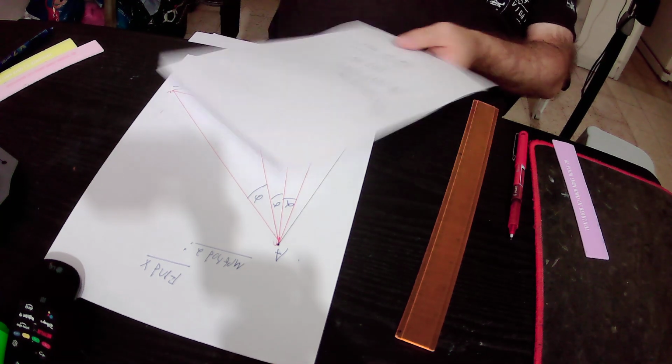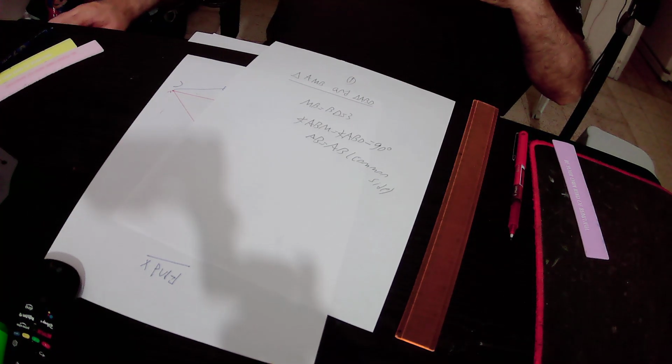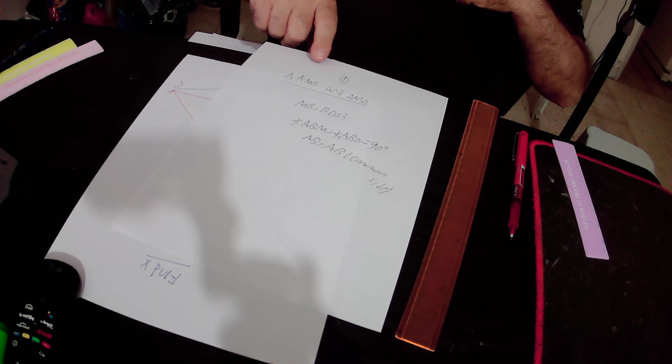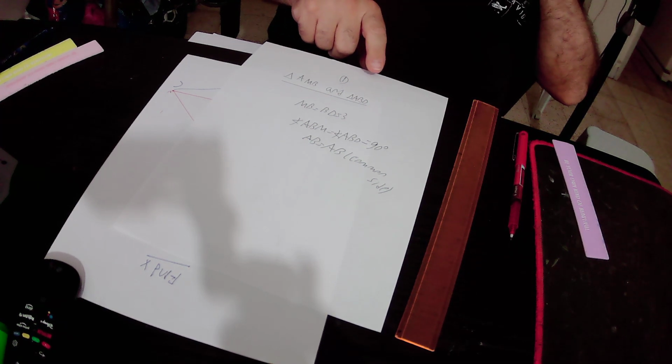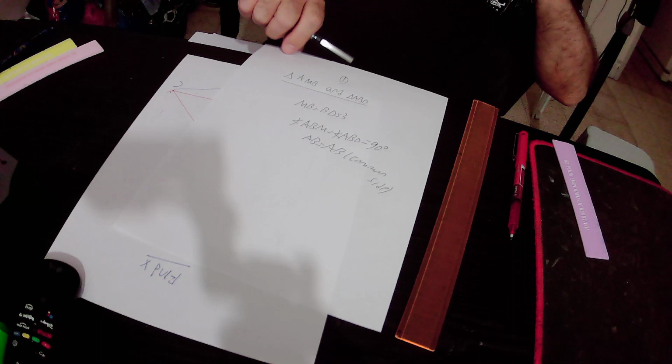So we actually proved that triangle AMB is congruent to triangle ABD according to the side angle side rule. I write it down.